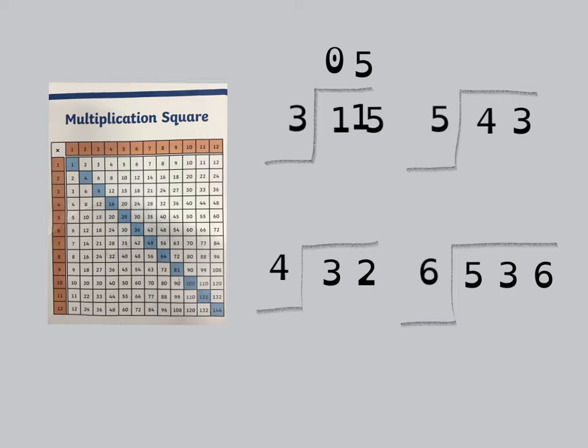So you have to put your 0 on the top of the bus stop, and you have to carry that 4 into the units to make the units 43. All right, so now you can do this calculation. So we have 43 divided by 5, and if you look at the 5 times table, you have to go up to 40. So 5 times 8 makes 40. So your answer on top is 8.